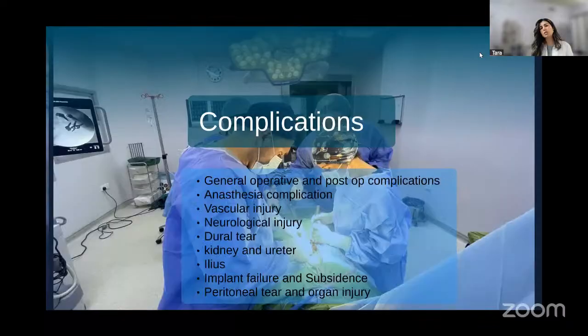Like any other operation, it has general operative and post-operative risks of complication, anesthesia complications, and vascular injury, which I mentioned should be very minimal. However, the iliolumbar vessel, apart from the segmental vessels, the iliolumbar artery, would go over the lateral surface of L5.